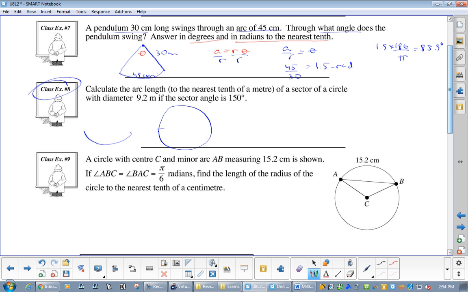We've got this as 9.2 meters. It wants to know if this thing went here and it went 150 degrees, so 150 would be about there, correct? It wants to know this.